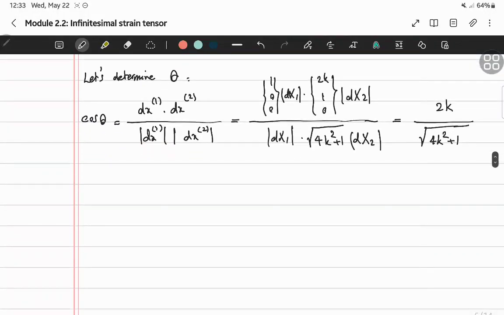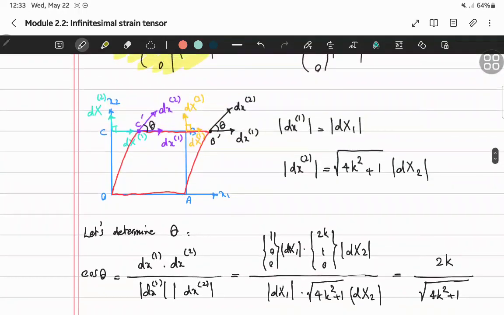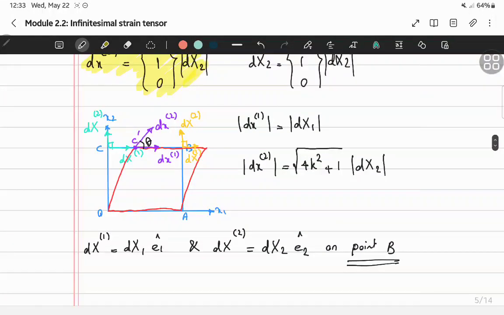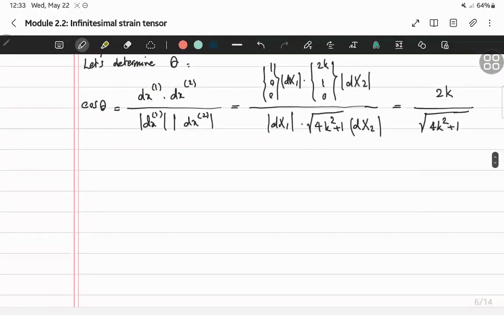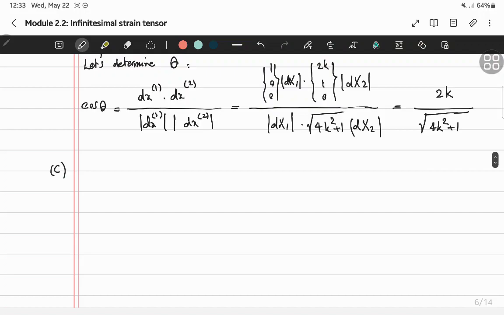But now let's suppose that you want to determine theta for a very small deformation, an infinitesimal deformation. I think this was part C, I'm not sure yet. Anyway, the whole idea is to determine this theta for the infinitesimal strain.